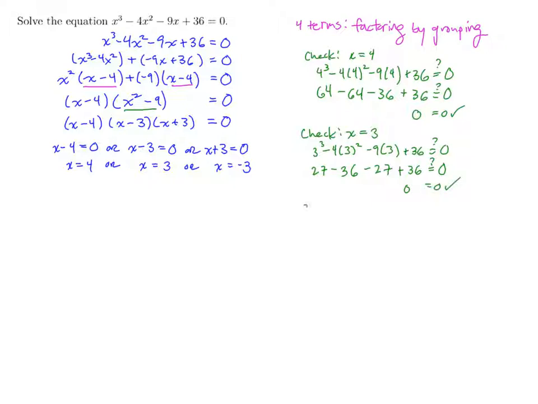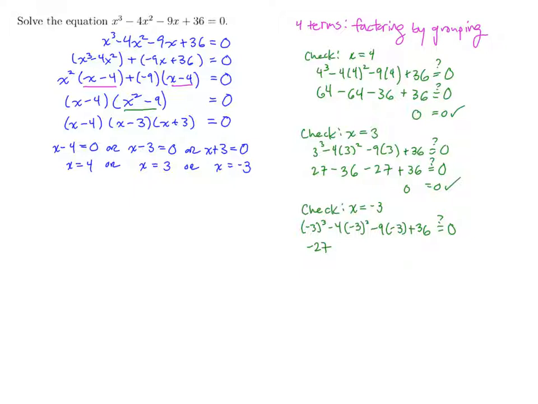The last one I'll check is x equals negative 3. I'll do that by replacing every instance of x with a negative 3 in the original equation. So I will have negative 3 cubed minus 4 times the quantity negative 3 squared minus 9 times negative 3 plus 36. And I'm checking, does that equal 0? Simplifying the quantity negative 3 cubed, I get negative 27.